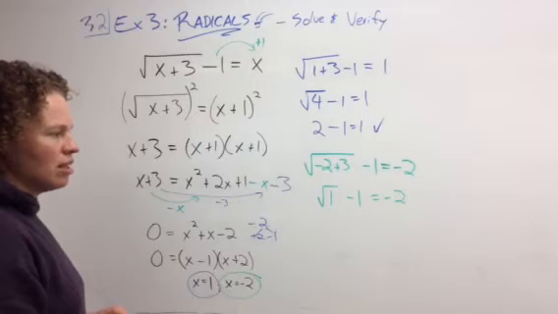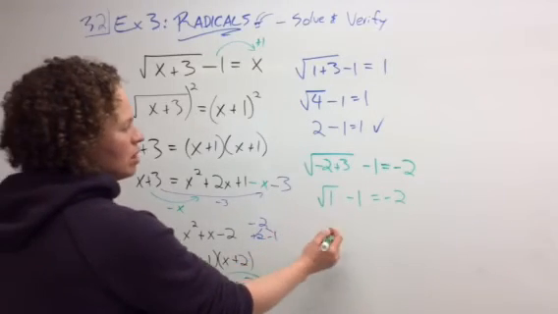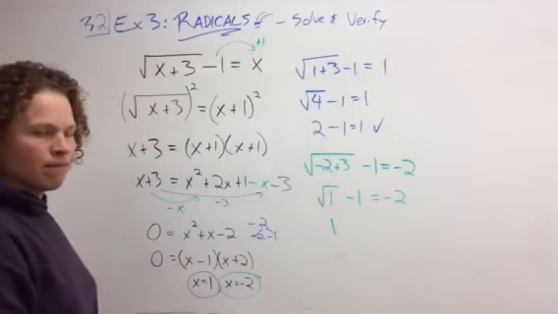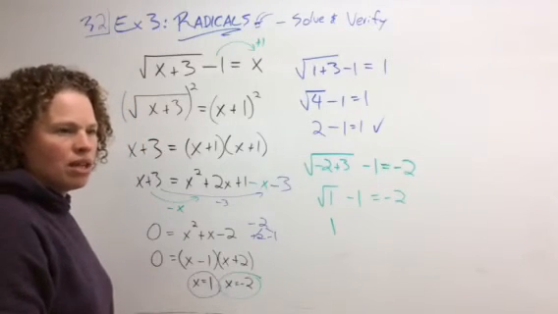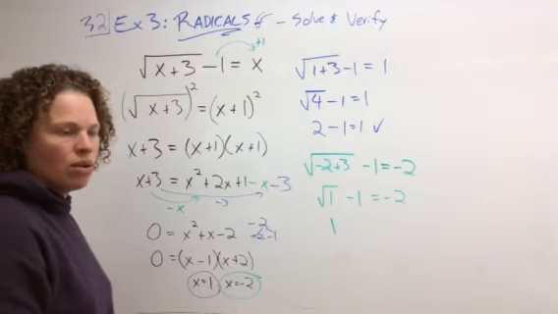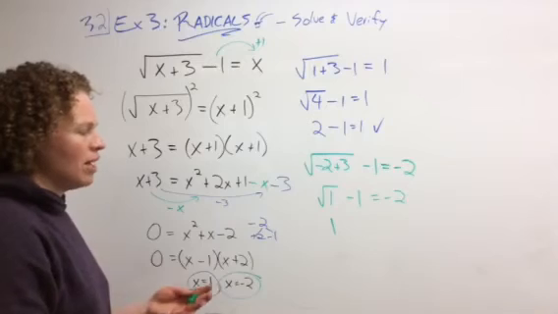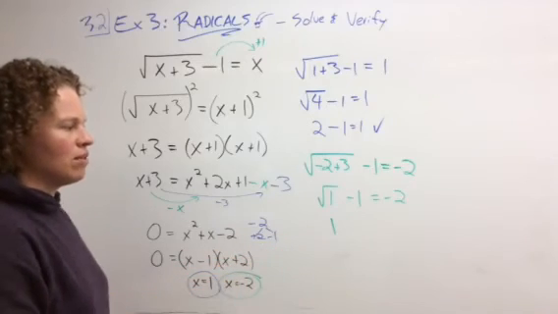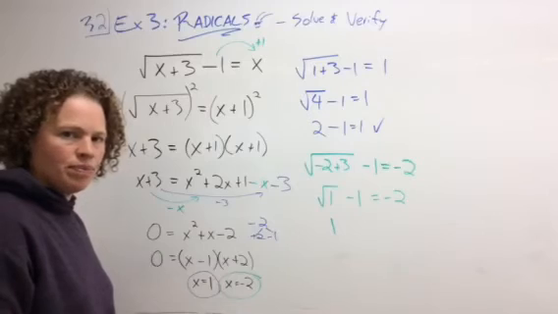This is where it gets a little bit tricky, because I'm going to assume that the square root of 1 is just 1. You might be tempted to argue that, well, negative 1 times negative 1 is also 1. So if I had negative 1 and negative 1, it would equal negative 2. Your book always assumes a positive answer.